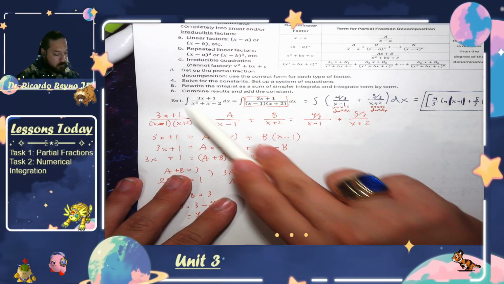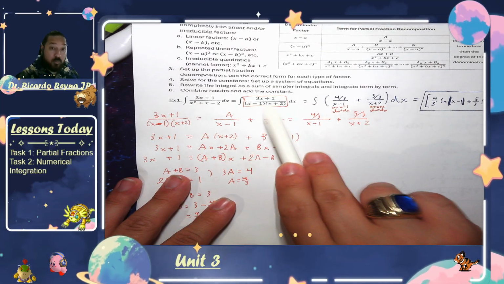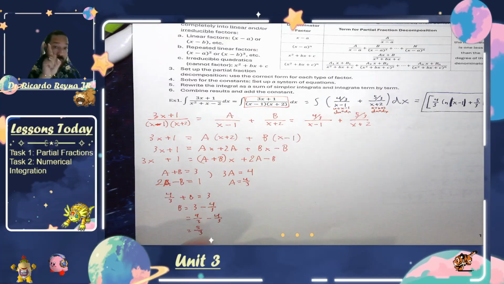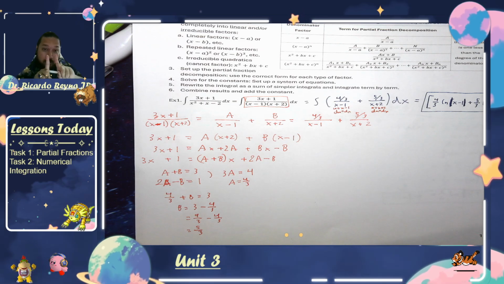So for example here, we see that this bottom part can be factored into two linear factors, x minus 1 and x plus 2. So we see two linear factors.